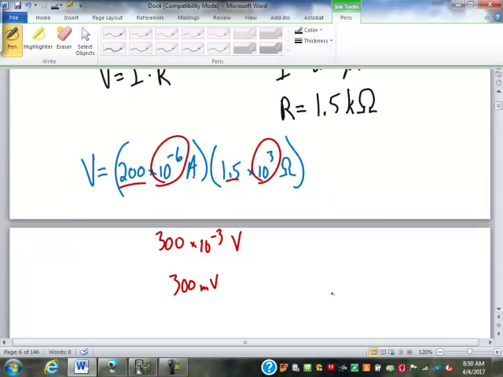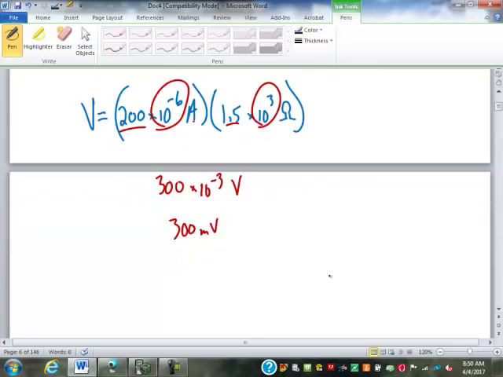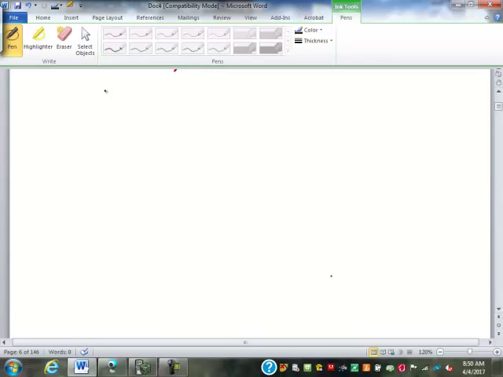So before we do too much in review, I want to take a look at the one new concept for today. That's temperature. We have two temperature scales. We have the Fahrenheit scale, which is our standard scale, and the Celsius scale, which is our metric scale.